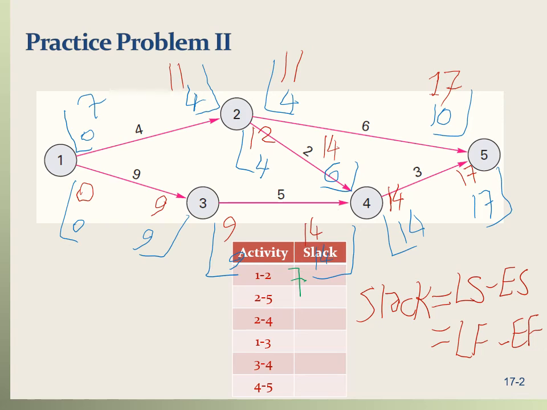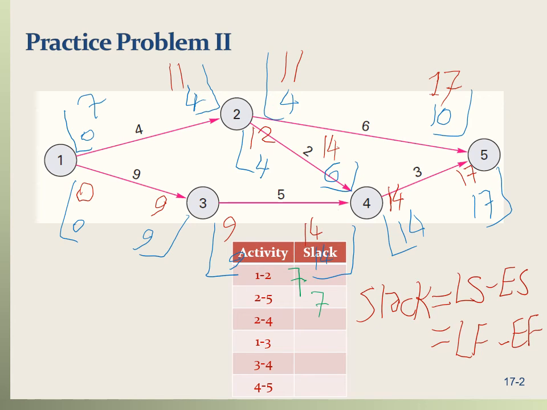Activity 2 to 5, the late start is 11. The early start is 4. So this means 11 minus 4, that's 7. Or we could do it with late finish and early finish, which is 17 minus 10, again 7.